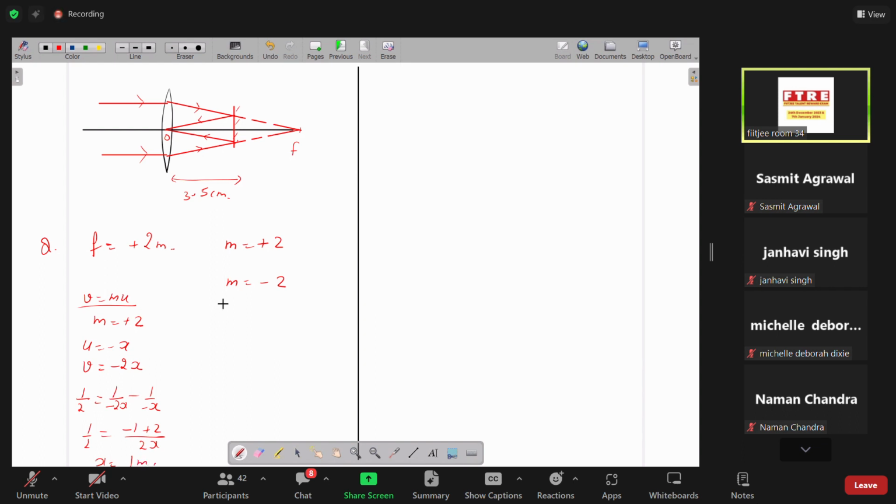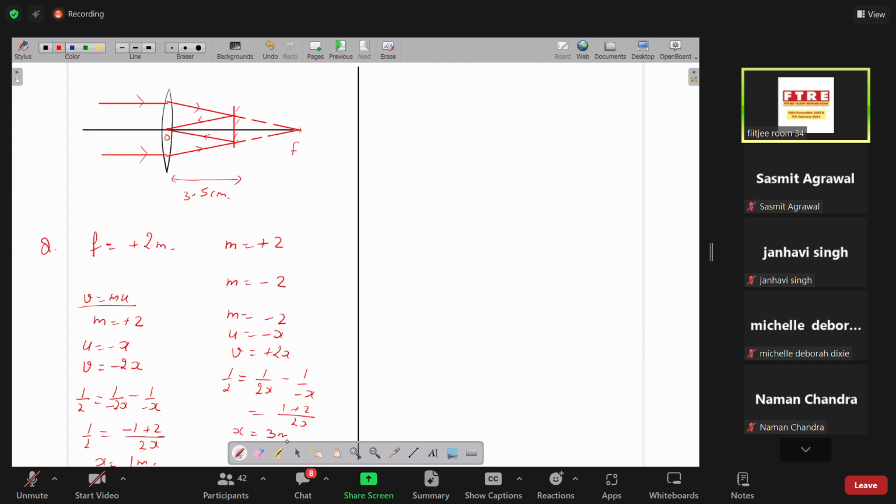For the second case, magnification equal to -2, object distance -x, v comes out to be +2x. 1/2 equals 1/2x minus 1/(-x), so 1/2 equals (1+2)/2x. From here we get x equals 3.